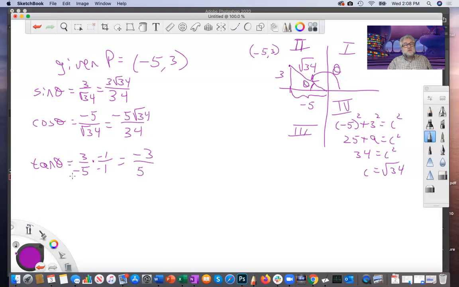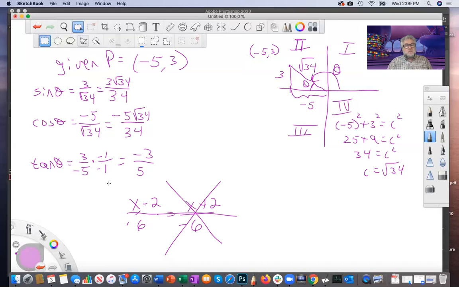You can actually move a negative sign up and down to the numerator or denominator as long as there's only one thing there without a problem. You can't do x minus 2 over 6 and move that negative down here and say this is equal to x plus 2 over negative 6. I would say nay. You cannot do that. Nay. Never do that. It makes me sad.